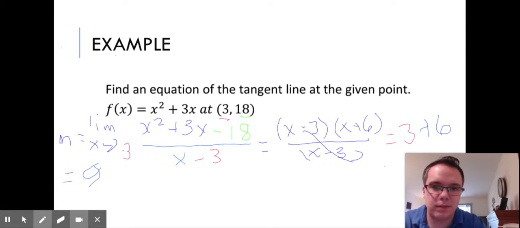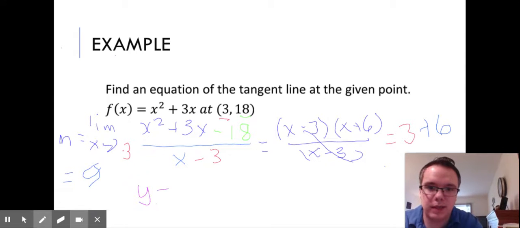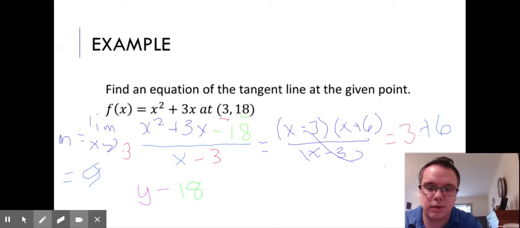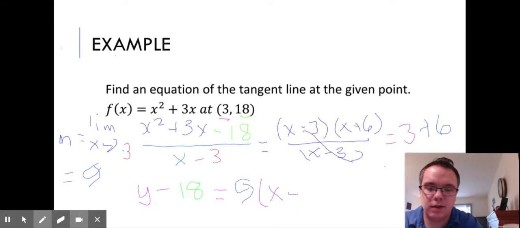So I have a slope of 9, and I have a point of (3, 18). So when I write my equation, I'm going to have y minus my 18, because that's my original y value, is going to equal my slope, which is 9, times x minus my x value for my point, which is 3.